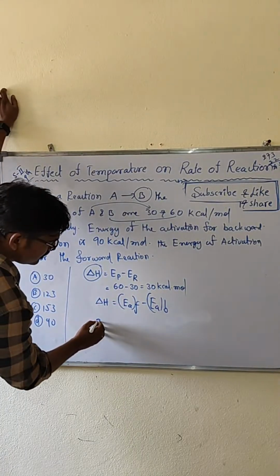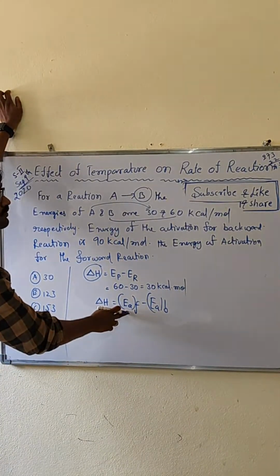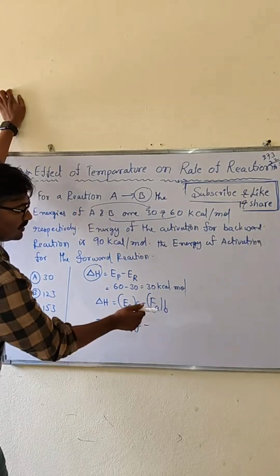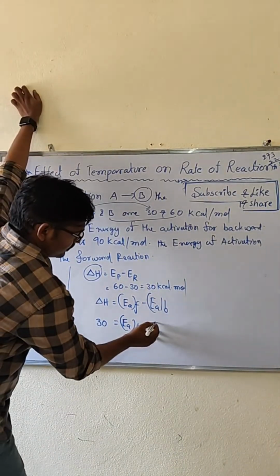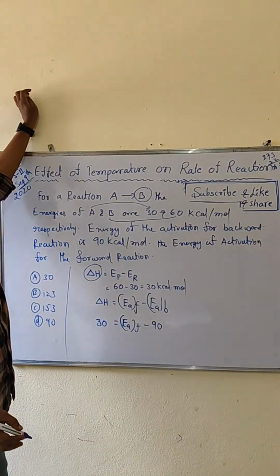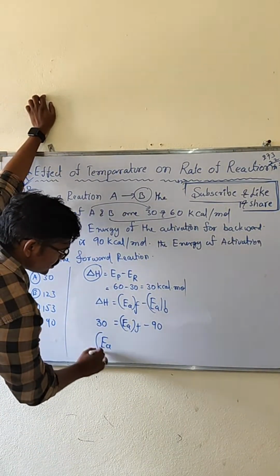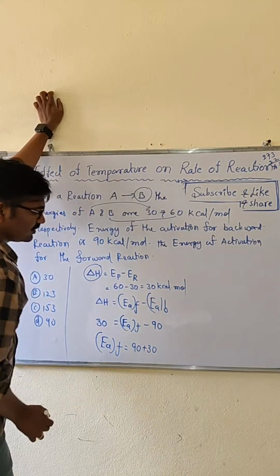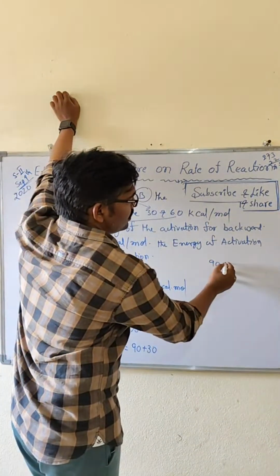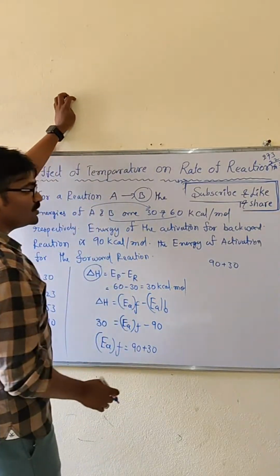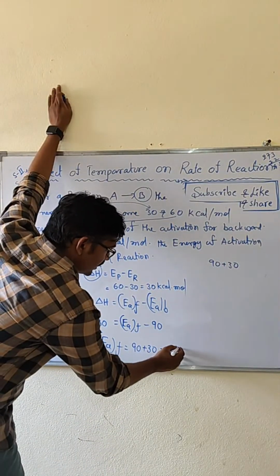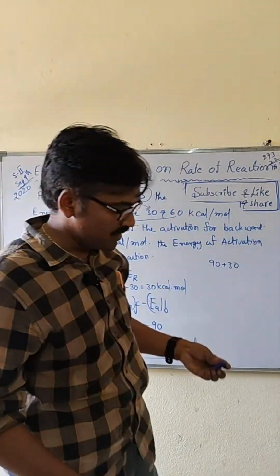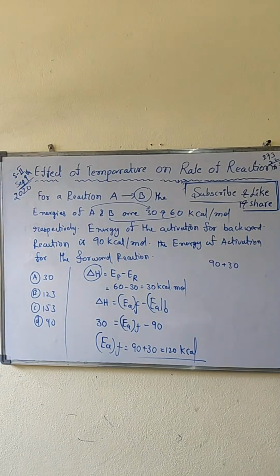So 30 equals EA forward minus 90. So the activation energy of the forward reaction is 90 plus 30, which is 120 kilocalories per mole. This is the answer, my dear students.